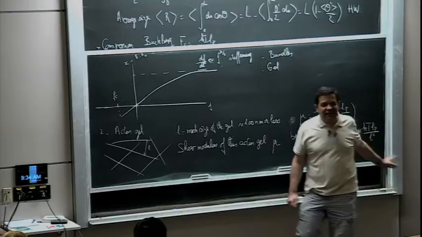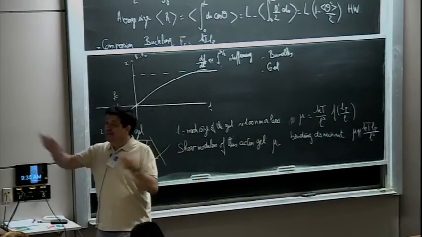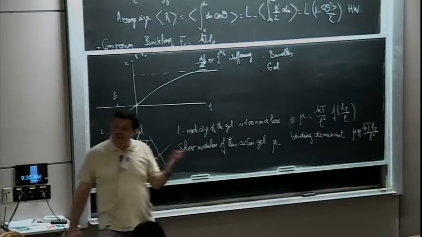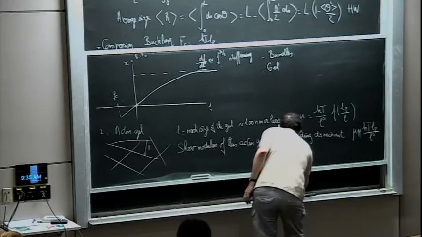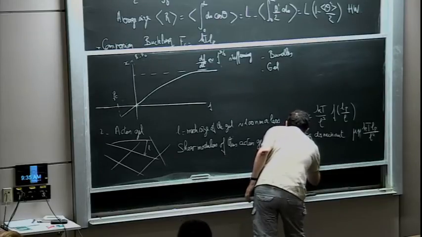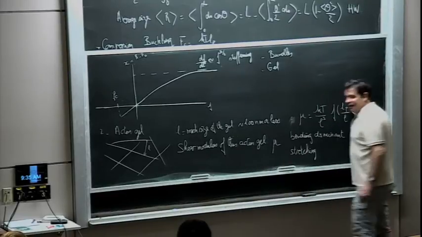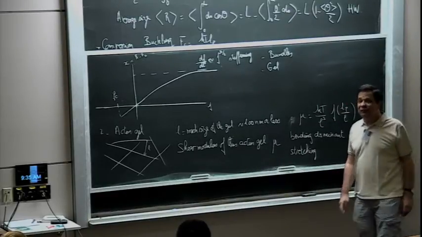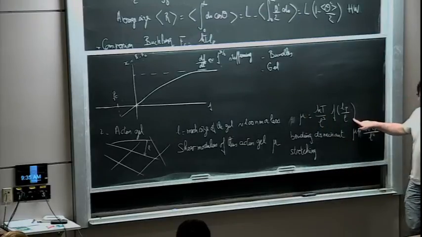Okay, everybody see how I got that? Of course, if I shear it, some of the filaments are stretched, and there is also a contribution from stretching. So if stretching is dominant, I showed you that the spring constant is proportional to Lp squared. So this is Lp squared over L squared.